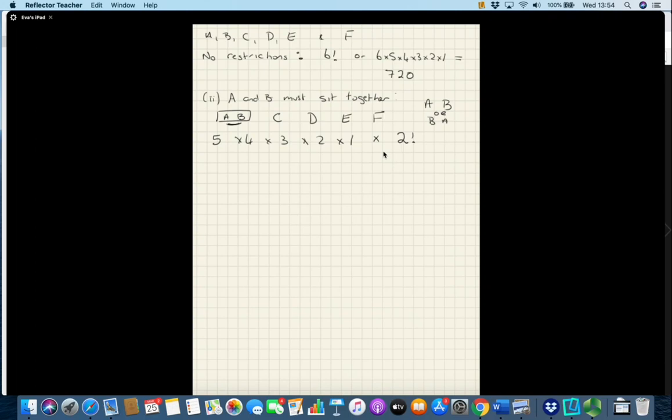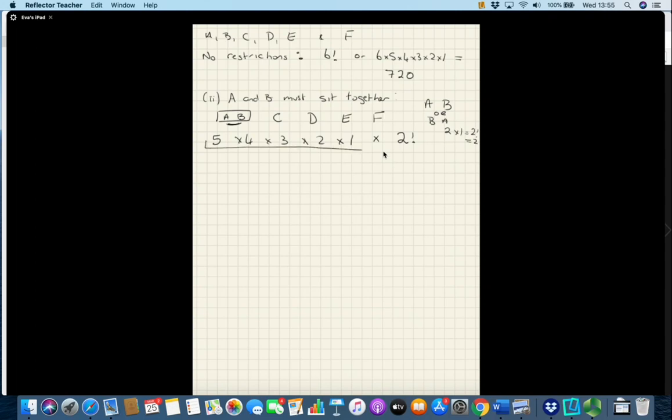Okay, so where did I get 2 factorial? Well, I have 2 objects that I need to arrange. So for the first one, I can have A or B at the start. I put one of them in place by 1. So you can write it down as 2 or 2 factorial. Either way, the answer is 2.